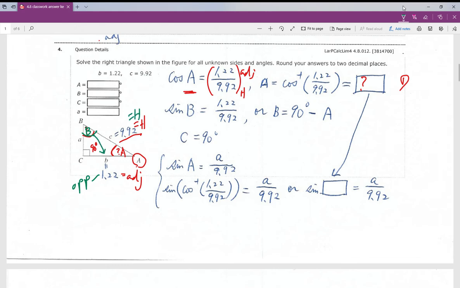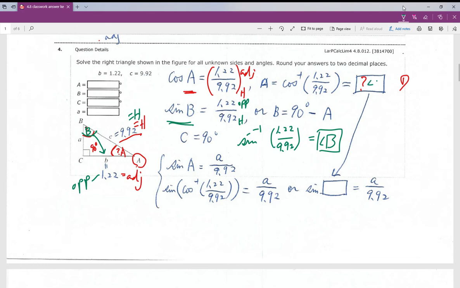So that's why I use opposite over hypotenuse. I need to use a sine function. So that's one way, and then you use arc sine of 1.22 over 9.92. Then you can find the answer of angle B.